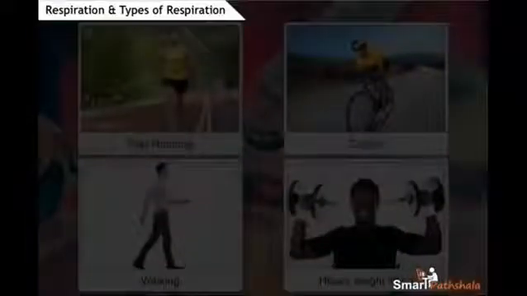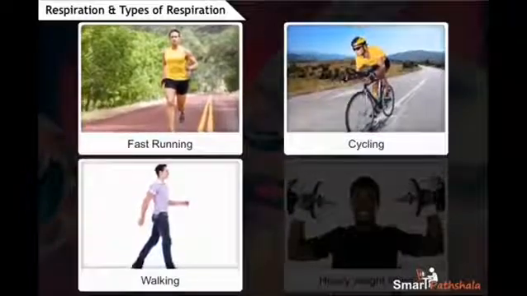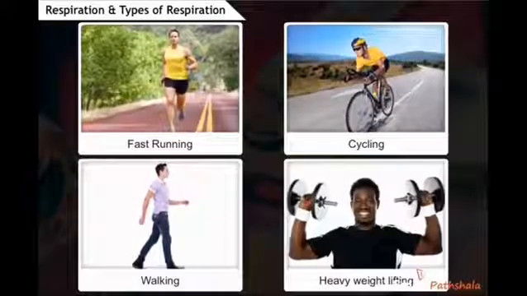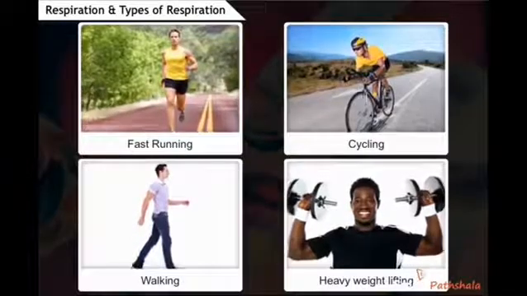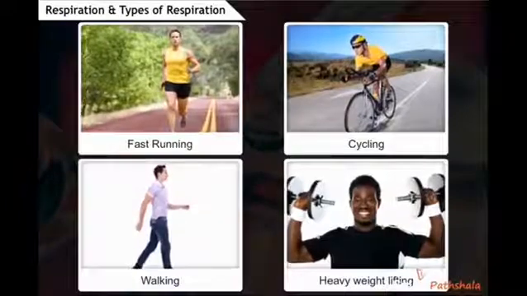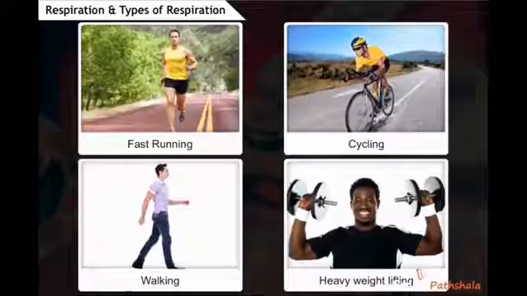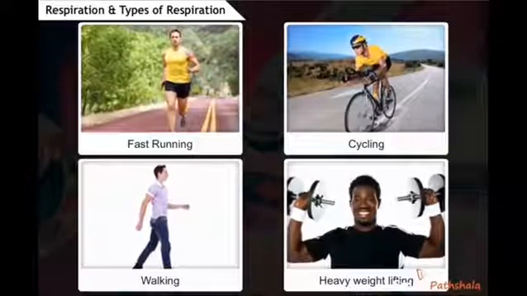During heavy exercise like fast running, cycling, walking for many hours, or heavy weight lifting, the demand for energy is high, but the supply of oxygen to produce the energy is limited. Then anaerobic respiration takes place in the muscle cells to fulfill the demand for energy.